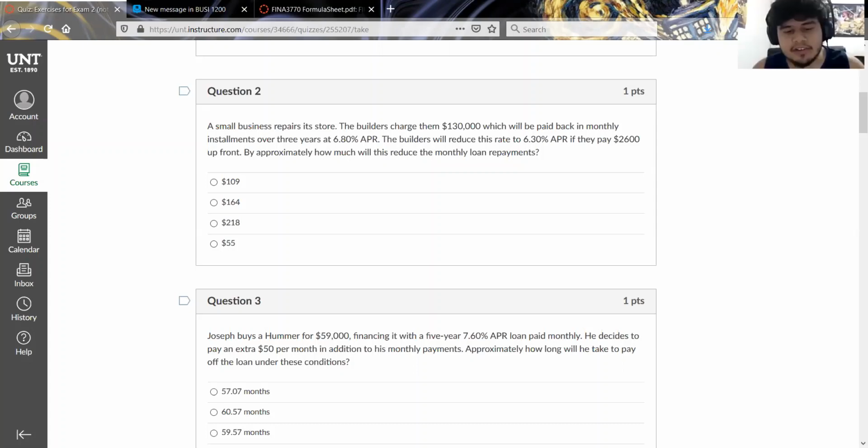No, make sure that's 0. So I have n equals 36, I equals 0.56667, PV equals 130,000, payment equals 0, FV equals 0. At the bottom, does it say PMT and end and begin? Make sure it's at end. Then try that.